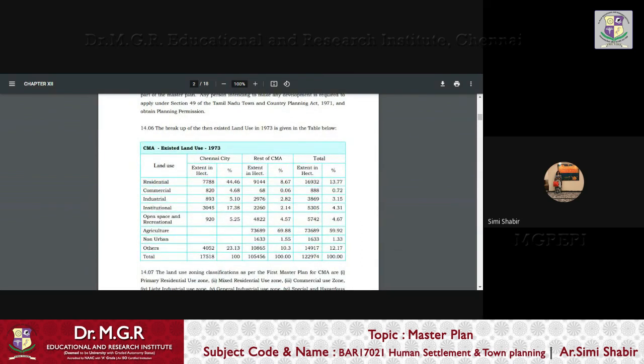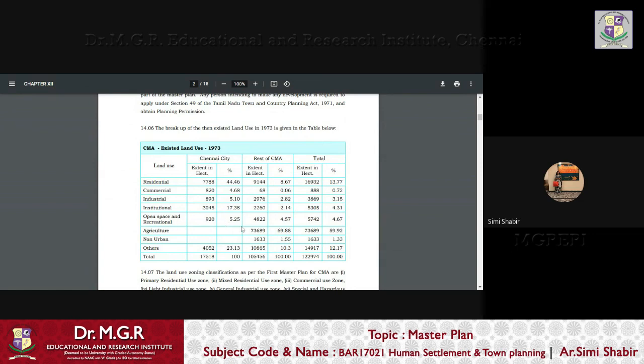Residential land use in Chennai city was to the tune of 44%, and in the rest of the Chennai Metropolitan Authority area 8%. Commercial 4.7 and 0.06. Industrial 5%, 2%, and 17% for institutional, 2% in the CMA.